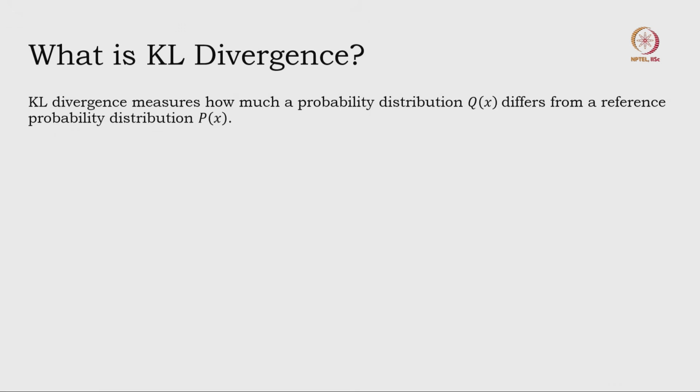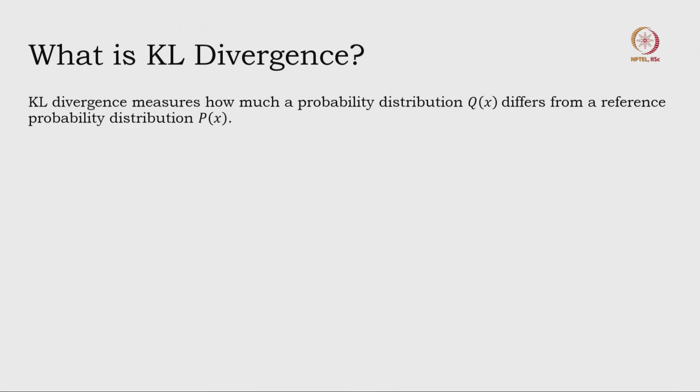Now let us see what exactly is the formal definition of KL divergence. KL divergence is mainly used to measure how one probability distribution Q of x differs from a reference probability distribution P of x. Sometime back we said we require two probability distributions. Those two probability distributions are P of x and Q of x.